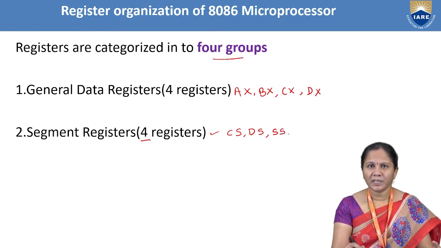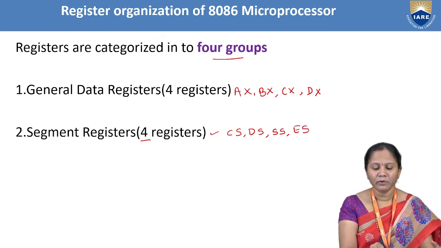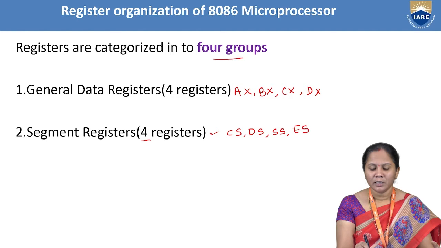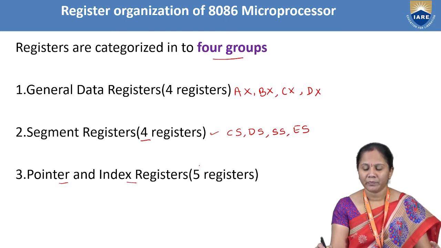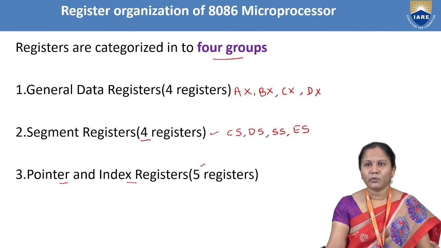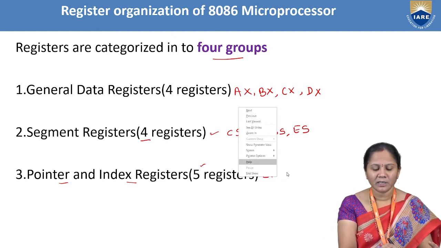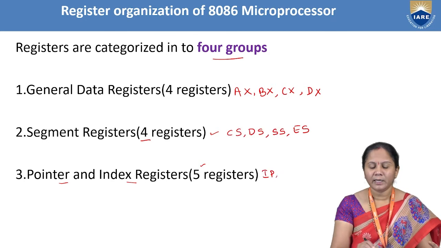The next classification is segment registers. In 8086, we have 4 segment registers: CS, code segment, DS, data segment, SS, stack segment and ES, extra segment. These are the 4 16-bit segment registers. And the next classification is pointer registers and index registers.